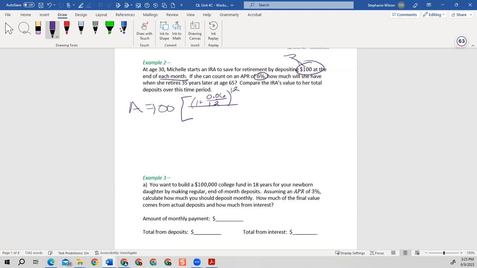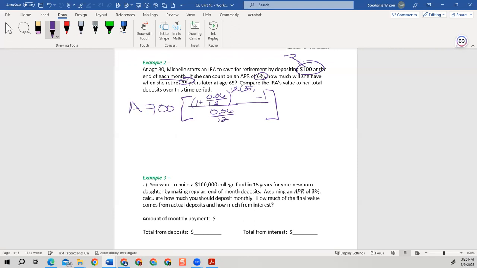And it said how many years? It said 35. And then I'm going to subtract 1. Then our denominator is going to be the interest, the APR, divided by the 12 months.